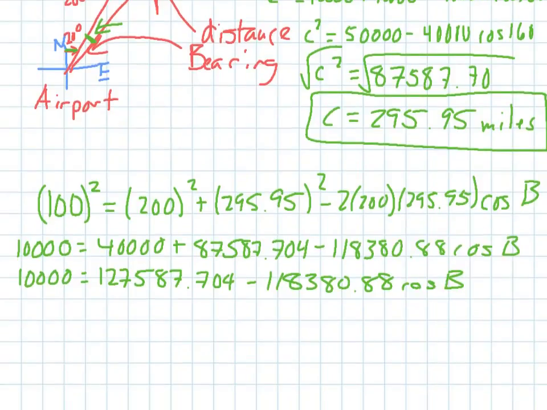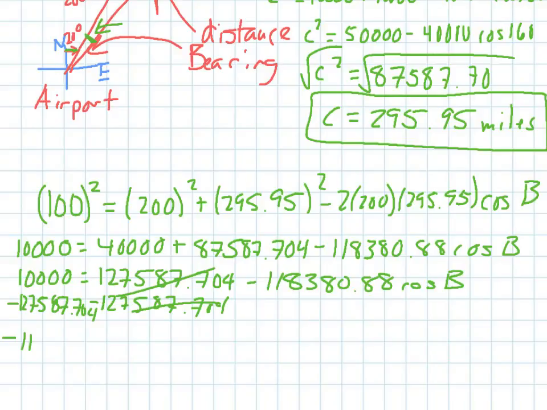Okay, subtract that to the other side. Okay, so 10, that gives me negative 117,587.